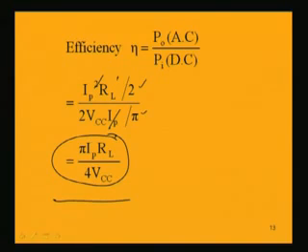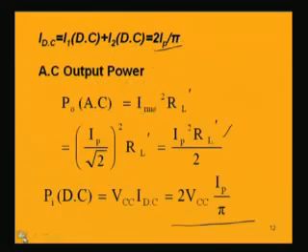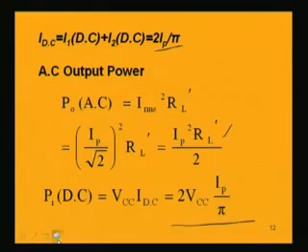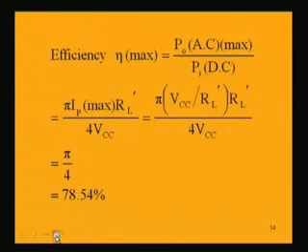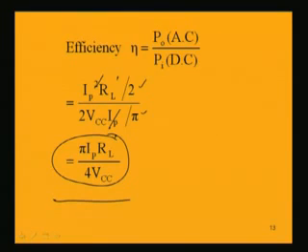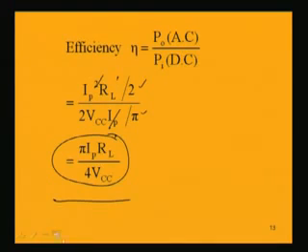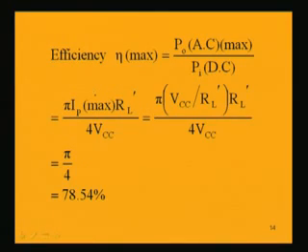So the peak value of the current can go up to a maximum value, which is VCC by RL dash. So if we put this in this expression, the output power maximum, which we obtain as pi IP RL dash, so pi IP max RL dash by 4 VCC, I am writing this again by taking IP max, which can be written down as VCC by RL dash.